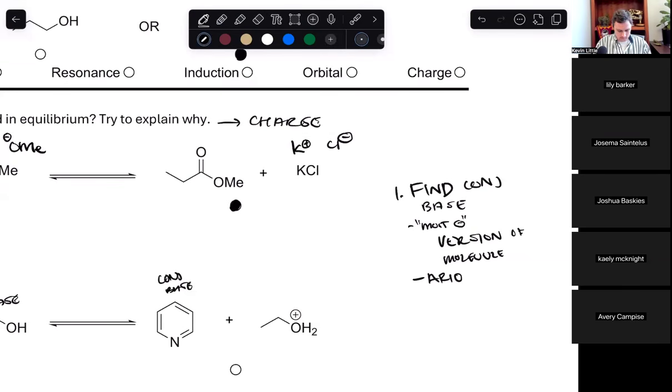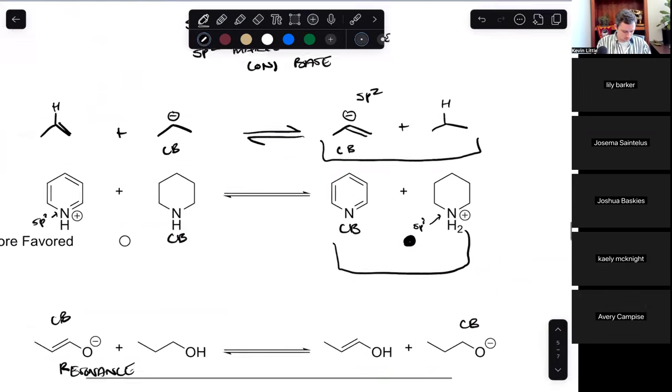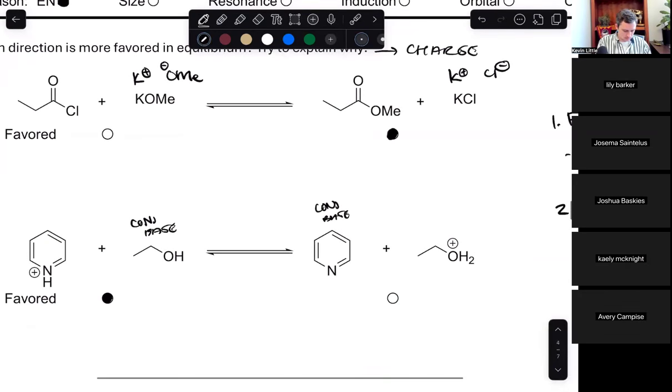So step one, find the conjugate base, which is going to be the most negative version of the molecule on either side, and then ARO. So here, that's more negative.